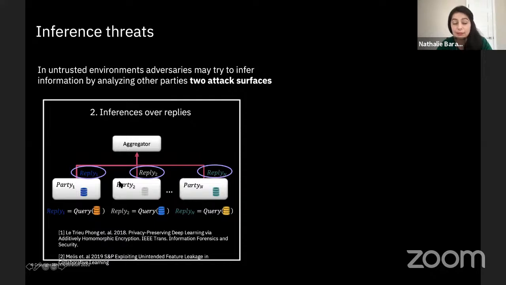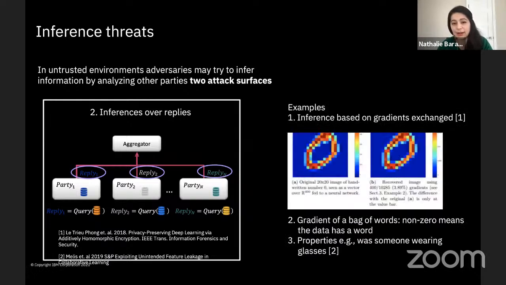The other threat is specific to federated learning, in that here we are talking about the replies that are sent throughout the training process. There are a bunch of different attacks people have proposed in the literature to know what data was used.